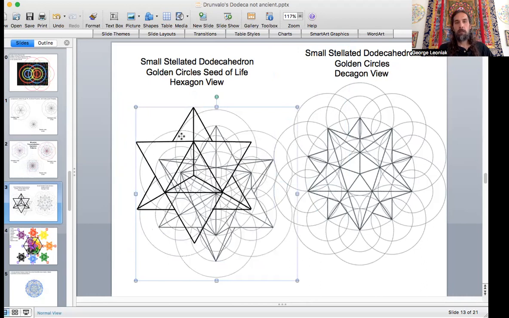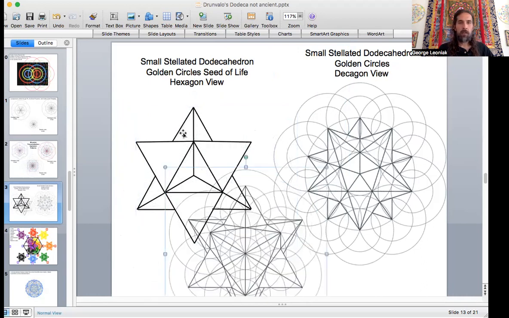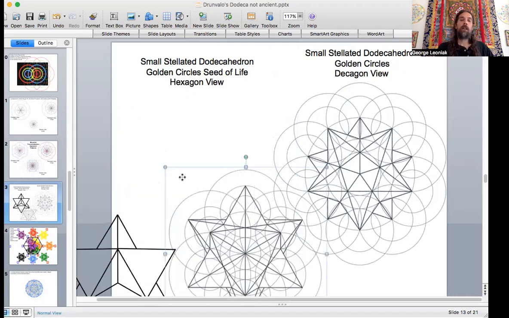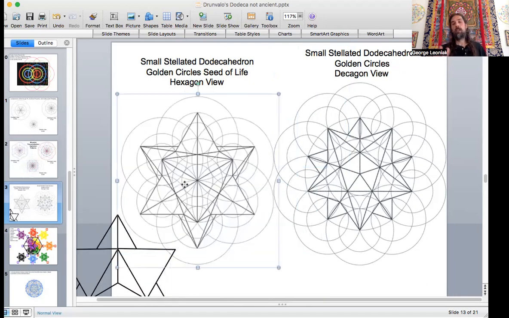Let me move that one on top of that one, and get that one out of the way. They're sharing the same geometric space, but remember, this is now a dodecahedron, and this would actually have 10 tetrahedrons inside that dodecahedron, because it has 5 cubes.